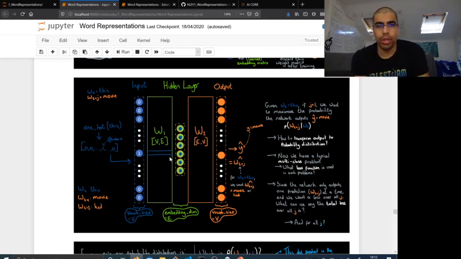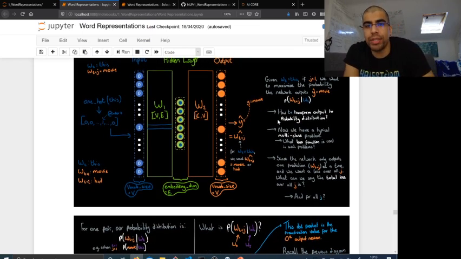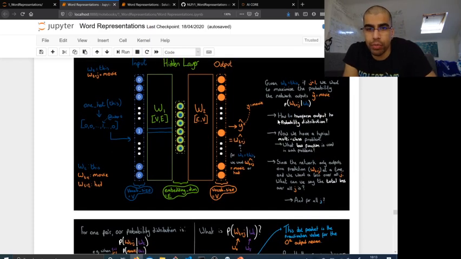Okay, so given the context word this and j being 1, we want to maximize the probability that the network outputs y hat to movie. So we want to maximize w_{t+j} given w_t. First of all, to transform this output to a probability distribution, we're going to use a softmax.